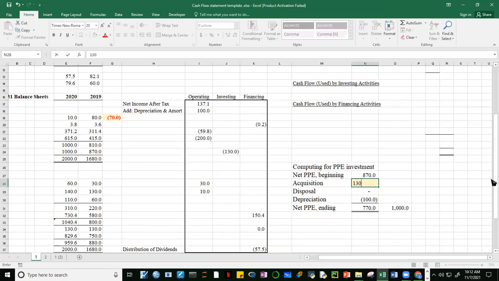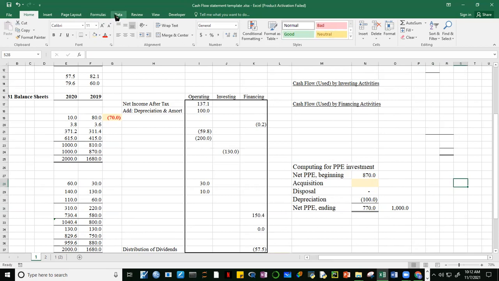If we put 130 here, it's still wrong because the net PPE should be 1,000. So how do we do this?